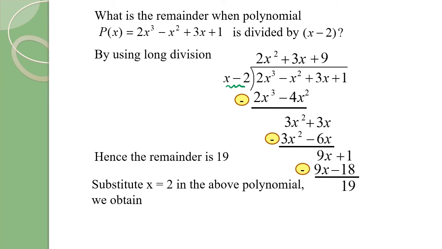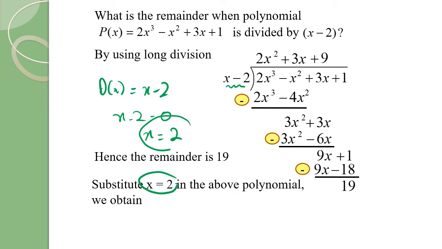So what is the remainder theorem? If we substitute x equal to 2 in the above polynomial, why x equal to 2? Okay, we have a divisor equal to x minus 2, right? So we let x minus 2 equal to 0, so x is equal to 2.